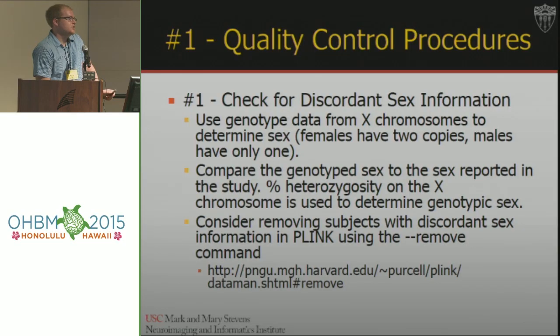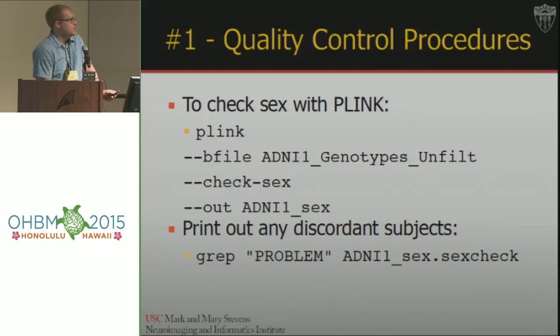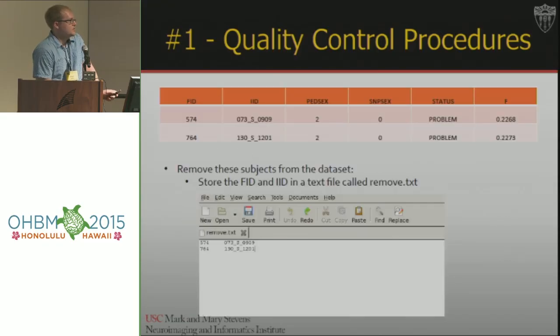So this is kind of interesting. In ADNI, we ran this analysis on this data set, and so this is how you do it. We actually found that there were 2 subjects that had miscoded sex information based on comparing their genetic sex to their reported sex.